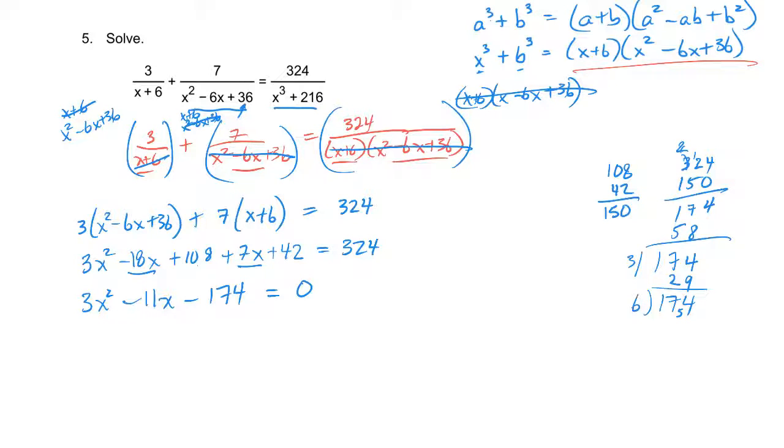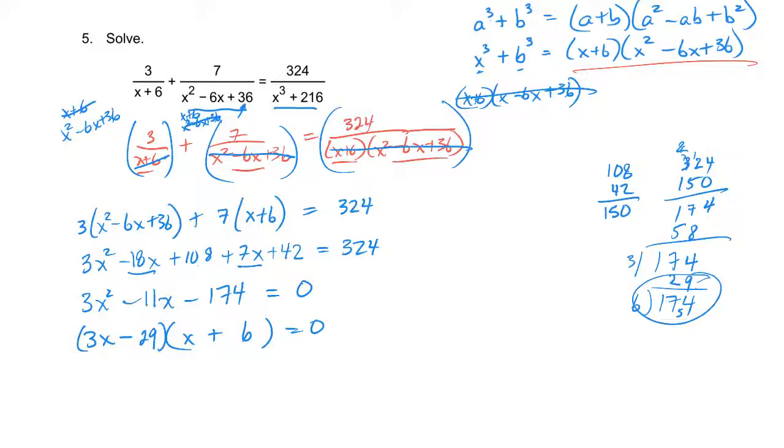Okay, I did some figuring over here. I think those are my numbers. So I'm just going to do a guess and check. So I think it's 3x and an x. And then I think I'm doing a 6 here and a 29 there. I just did some working out with the guess and check. It has to be negative, so this I think has to be negative, and this is positive.